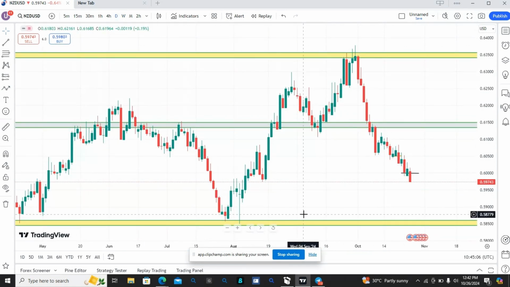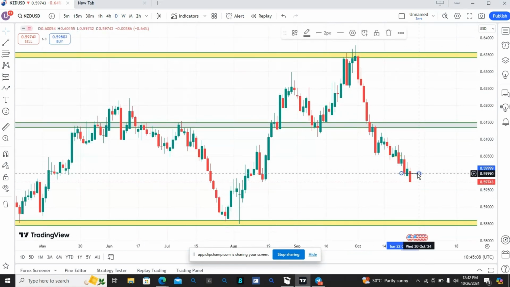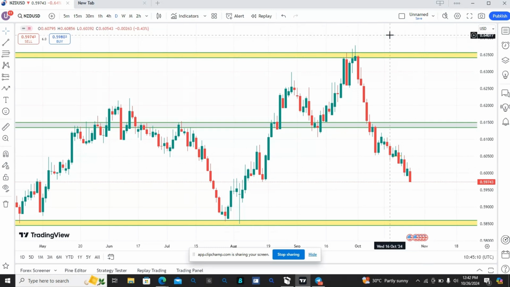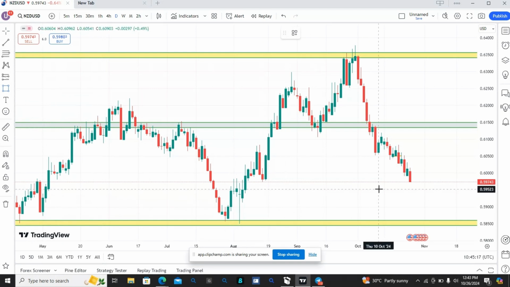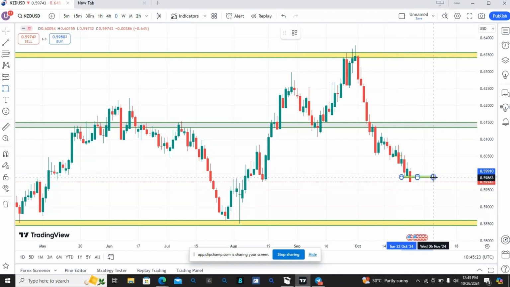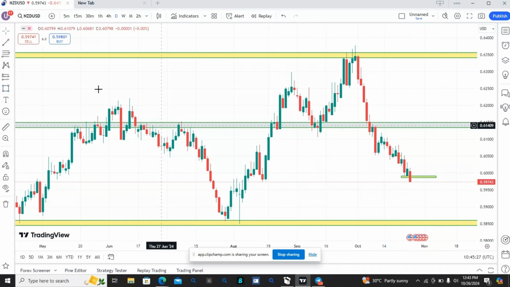So on this daily time frame, what do you need to do? The same approach. Just allow price to come back to this zone that I'm marking out now. If price comes down to this zone, go to the 5 minutes time frame. Look for what? A change of character on your 5 minutes time frame, and you sell.